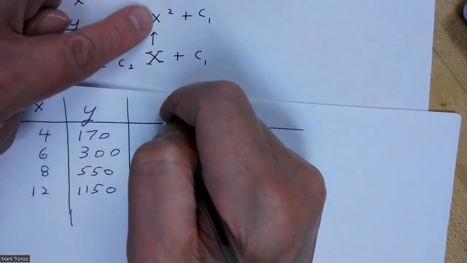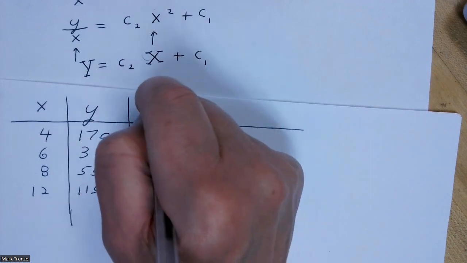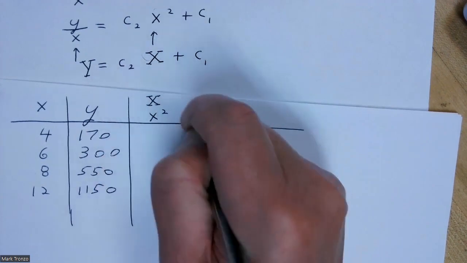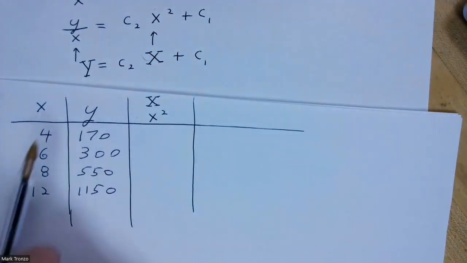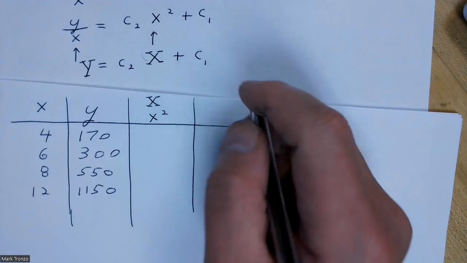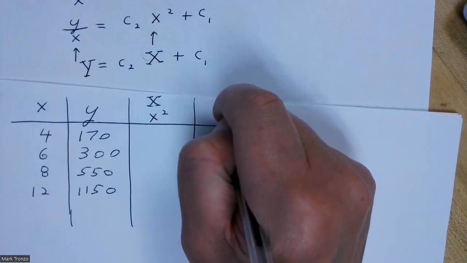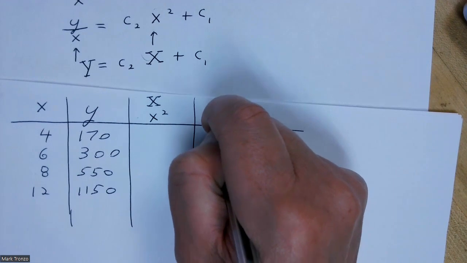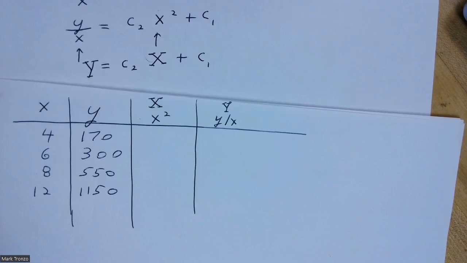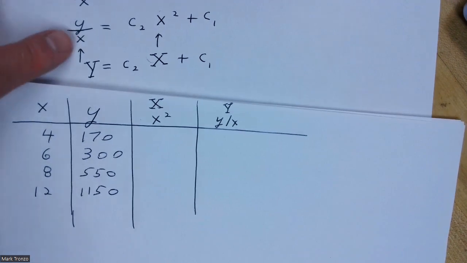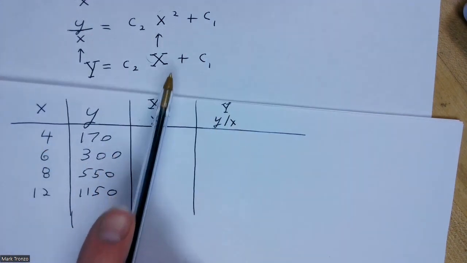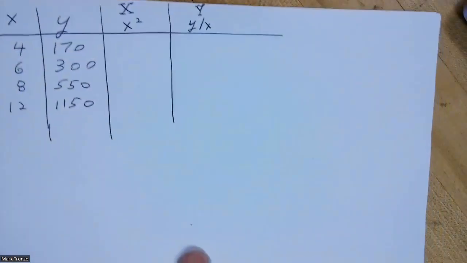Our capital X is x squared, and our capital Y is y over x. Again, we're using those because we turned this into a linear equation. This is our y value, this is our x value. So now we just calculate these.